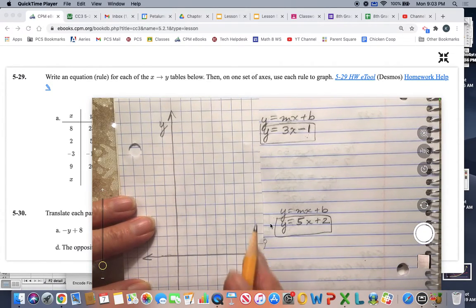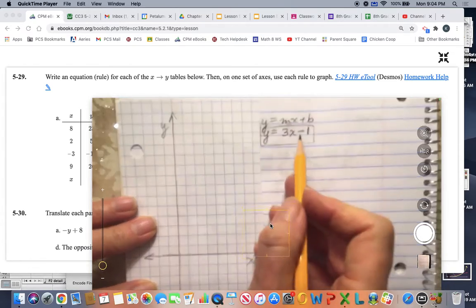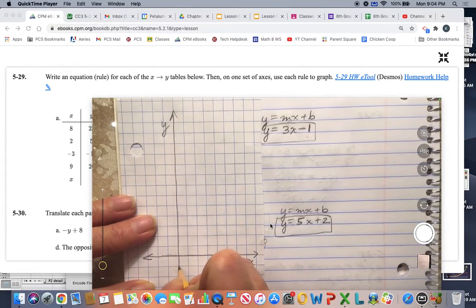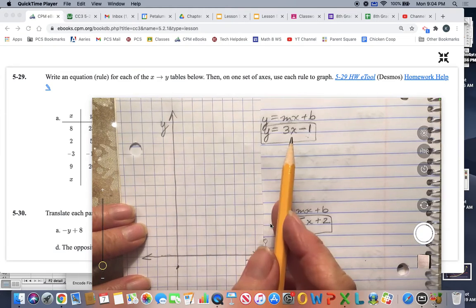Okay, so let's take this rule first. So we need to find -1 on the y-axis. So that's right here, because this is the origin. So this is going to be our y-intercept for this rule.